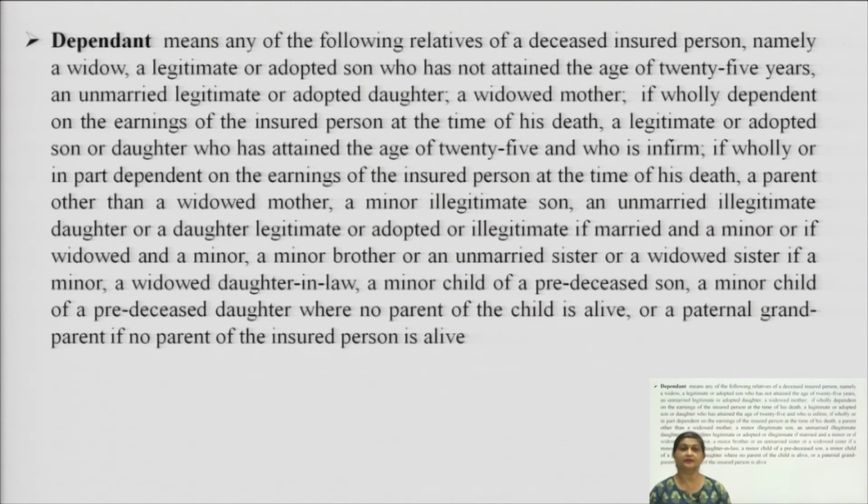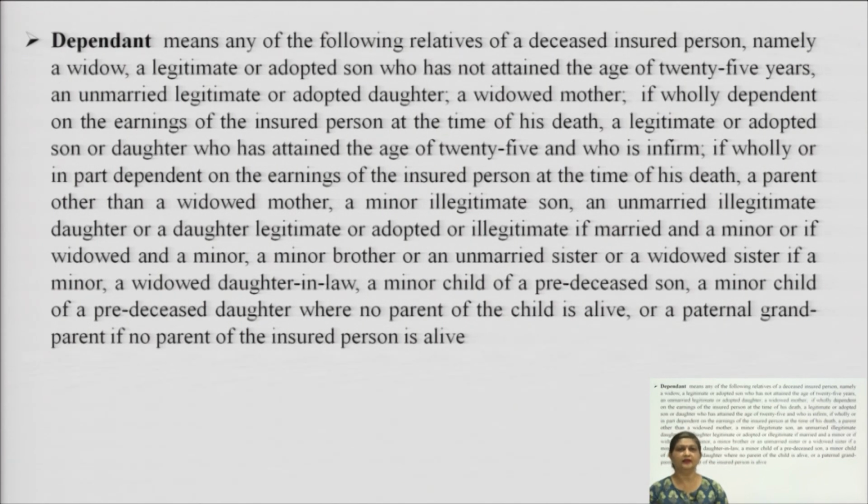We have discussed dependents previously in the Workmen's Compensation Act, which says that all the compensation which an employee is eligible for can be given to any of these dependents. These dependents are people who are dependent on the deceased worker.